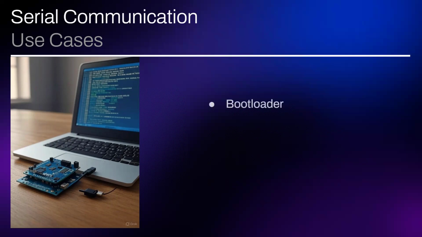Okay, so the use cases, like where do we use serial communications? So the first is a bootloader. Do you guys know what a bootloader is? If you had any experience with that. In the old days, we'd have a board with an MCU on it. We'd have to take that MCU out and put it in a programmer. And that programmer would program the flash memory or some sort of non-volatile memory on there.